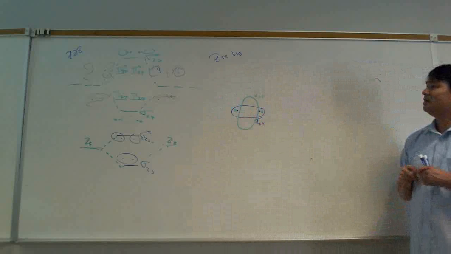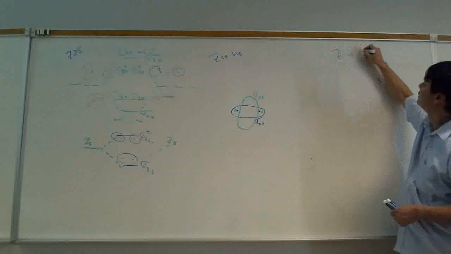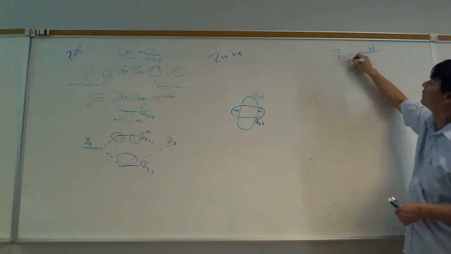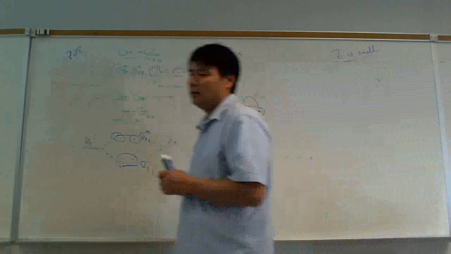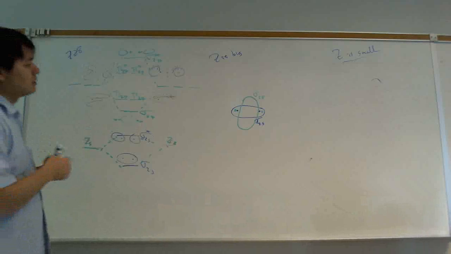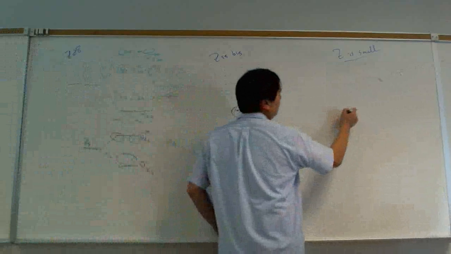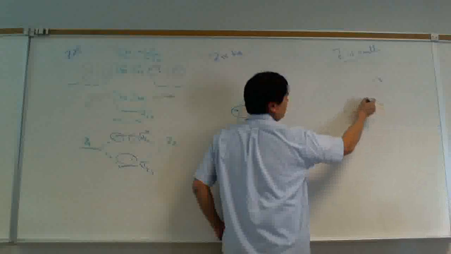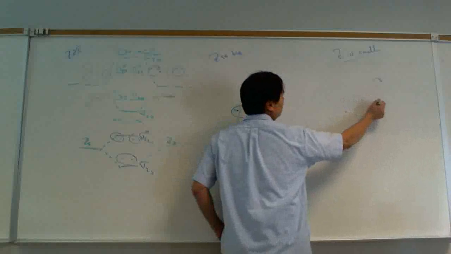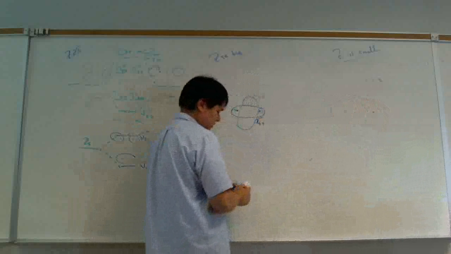Whereas when Z is small, this isn't as big of a factor. When Z is small, the electrons aren't pulled in so tightly. And so the 2s is a bit bigger, like this.